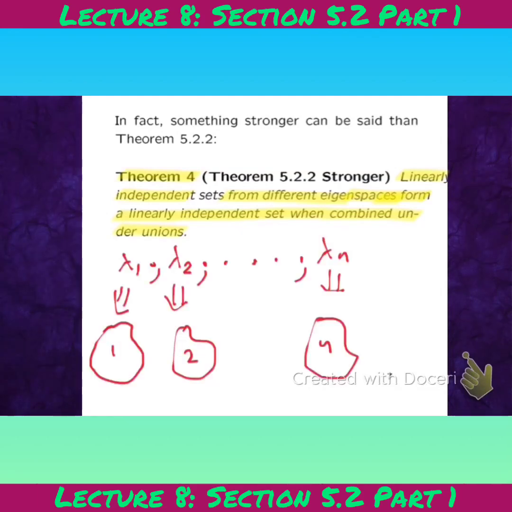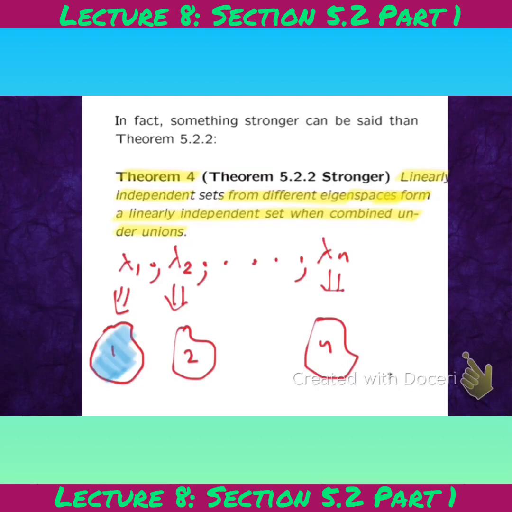Right, so let's just quickly visualize this. So again, you have your n distinct eigenvalues, and for each one of those distinct eigenvalues, you work out a set of linearly independent vectors, and we call these set 1.